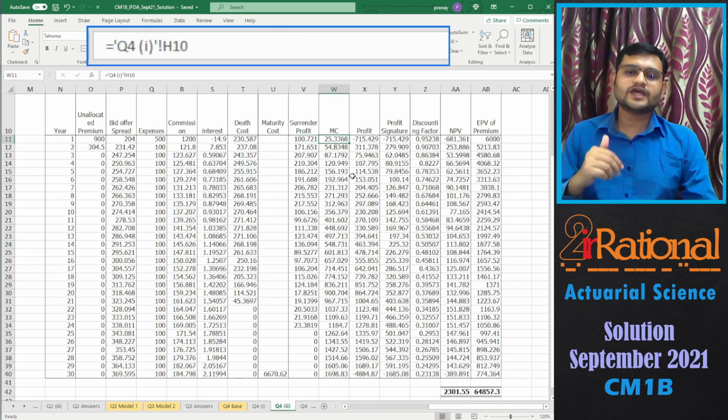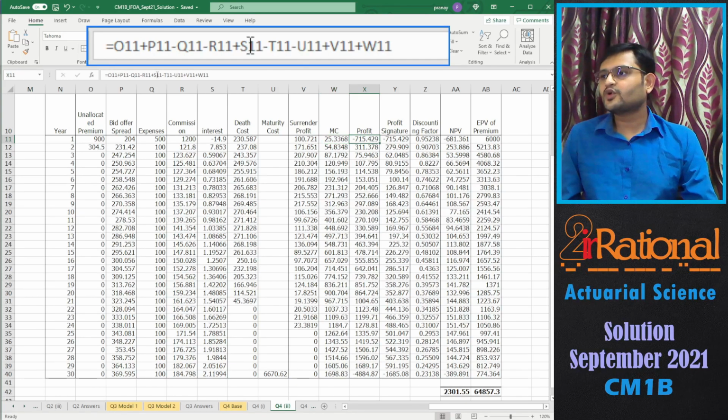Management charges again come from the unit fund table, and our profit will just be this plus this minus minus plus minus minus, profit is plus and then plus, this becomes nothing but our profit.